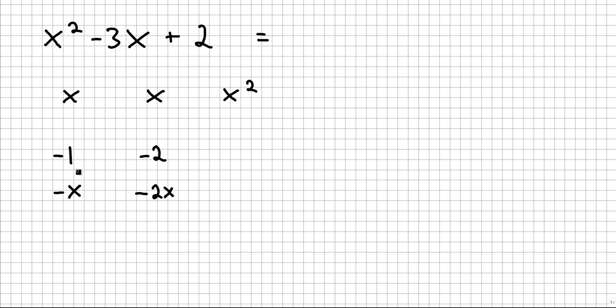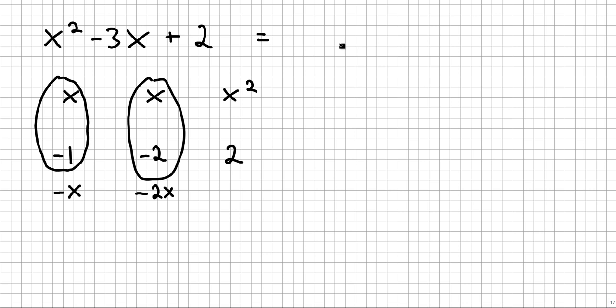It's going to be this factor times this factor. Minus 1 times minus 2 is 2. So now we can write the factors x minus 1 times x minus 2.